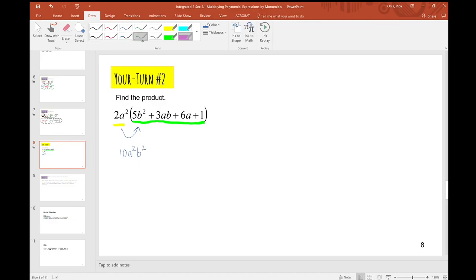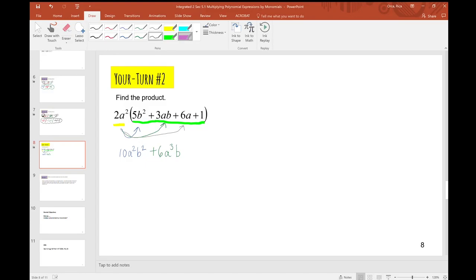Let's move on to the next set. 2a squared times 3ab. Well, 2 times 3 is 6. A squared times a is a to the third. And then we have that b that's not being multiplied to any other b variable.